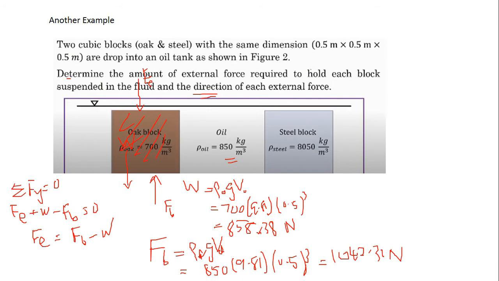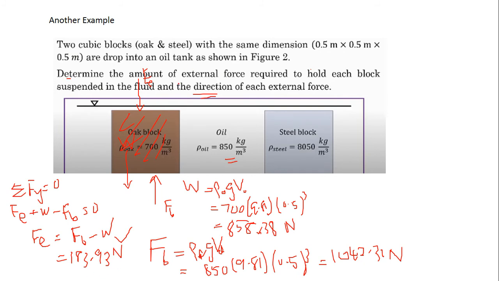Okay. So you have your FB, you have your W, so you can now find your FE lah. Berapa nilai FE? FB minus W, ni equation dia. 183.93 Newton. So you have your magnitude.